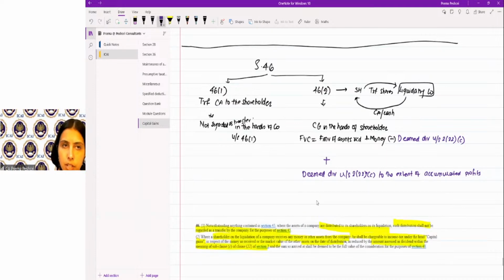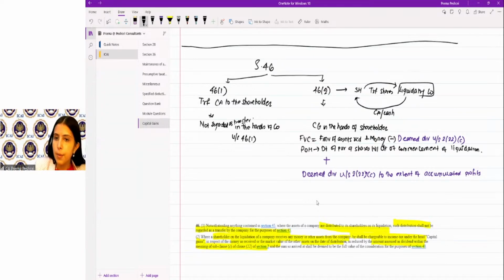So period of holding here will be from date of purchase of shares till date of commencement of liquidation. Clear?